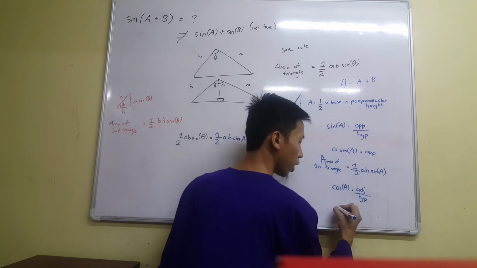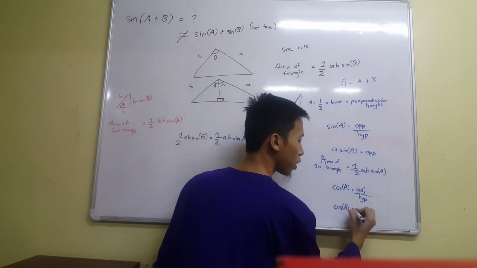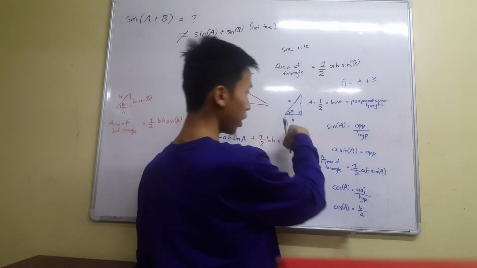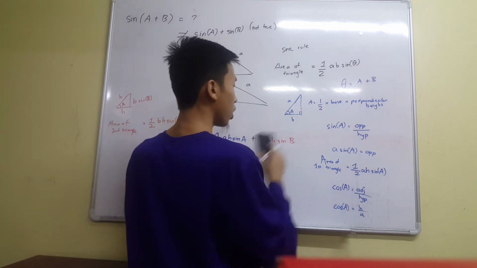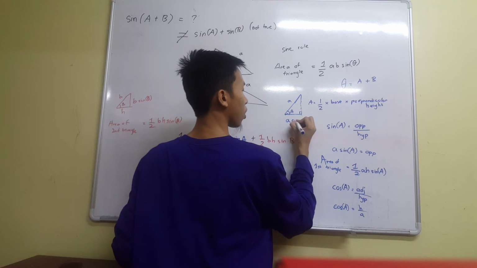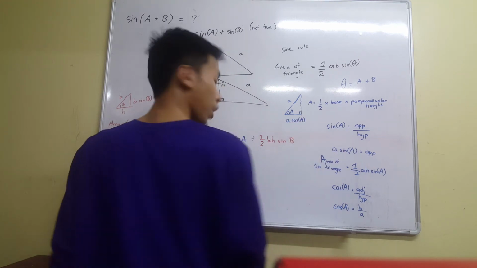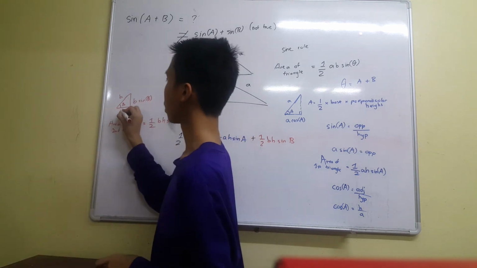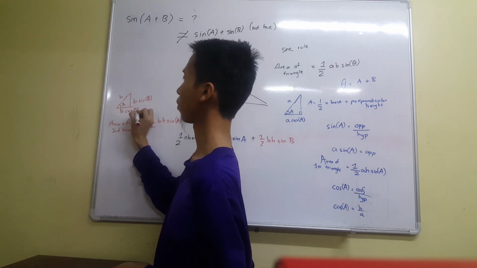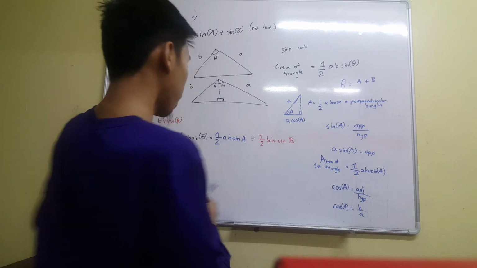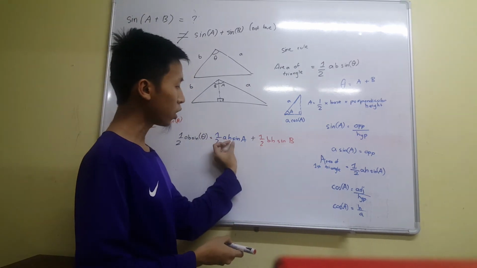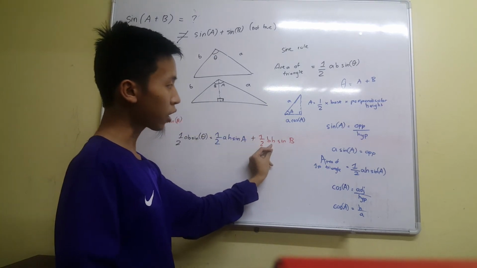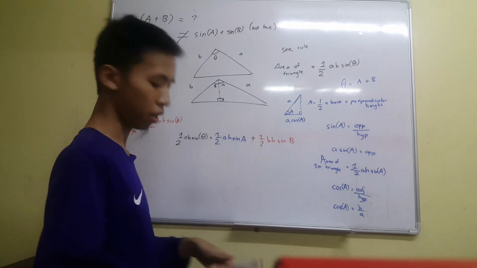Since the adjacent is H, cos A must equal H over A, which implies that H is equivalent to A cos A. The same argument applies for B: this must be B cos B. Now I need to write them in terms of A and B. So in this case, I must choose the H from the B side for this term, and the H from the A side for the other, so that I can get A and B.